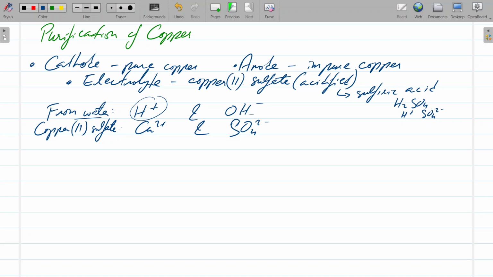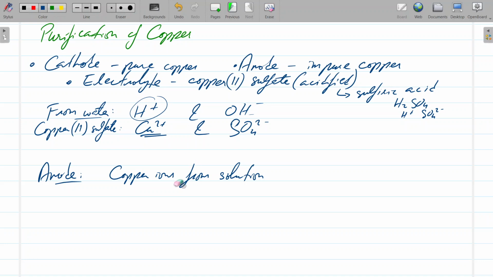Okay, so what's happening at the anode is, oh, sorry, copper atoms.